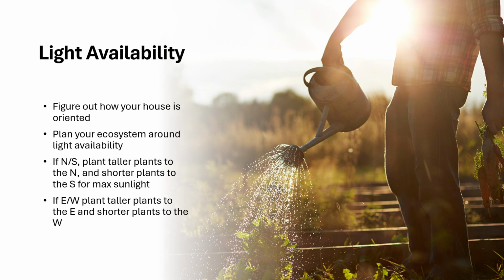So if you're oriented east to west, a good plan is to plant taller plants to the east and shorter plants to the west, so that in the morning your tall plants will get enough sunlight, and then once the sun rises a little bit, all your other plants will also get sunlight. And that's the basics.